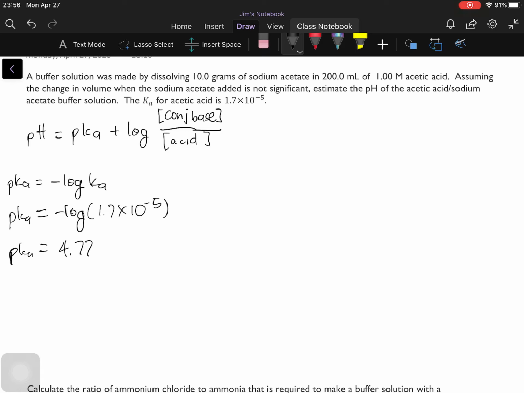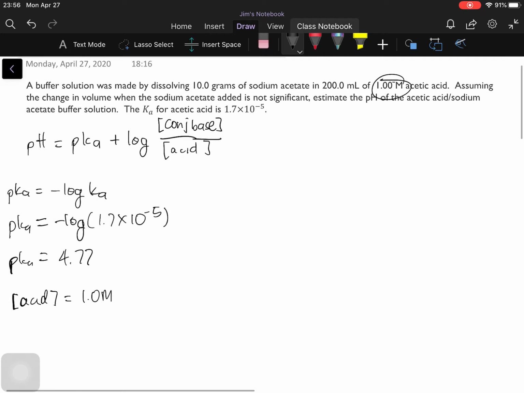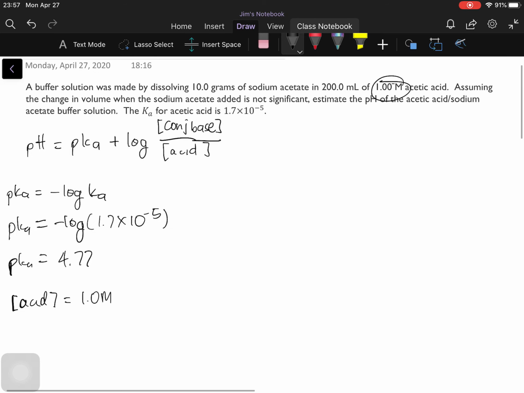How about the concentration of acid? For acid, the concentration is already given. We have 1 molar of acetic acid here, so we're going to write there acid, 1.0 molar. How about the conjugate base? How are we able to obtain the conjugate base? The reaction is that you have your acetic acid, CH3COOH.